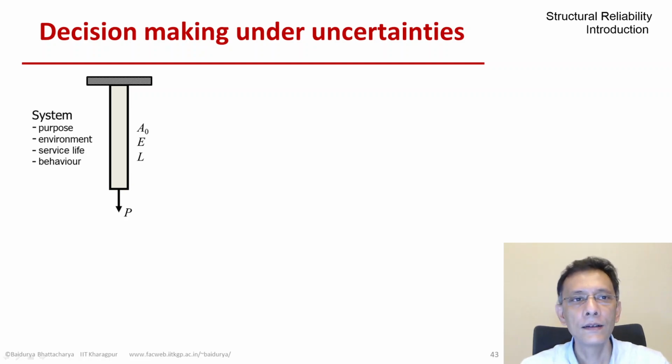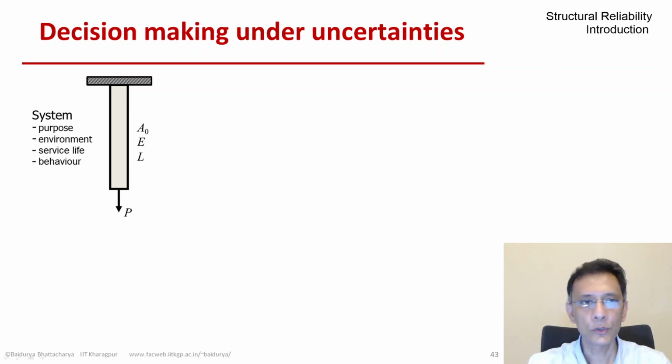Let's go back to the one slide that I described earlier in this lecture that captured the key features of this course. We have a structural system, a simple prismatic bar subjected to axial tension in this case.